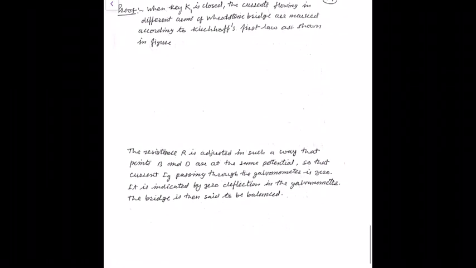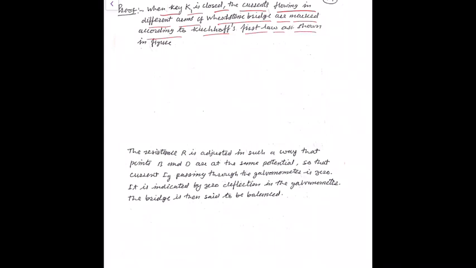Proof. When key K1 is closed, the currents flowing in different arms of the Wheatstone bridge are marked according to Kirchhoff's first law as shown in the figure.